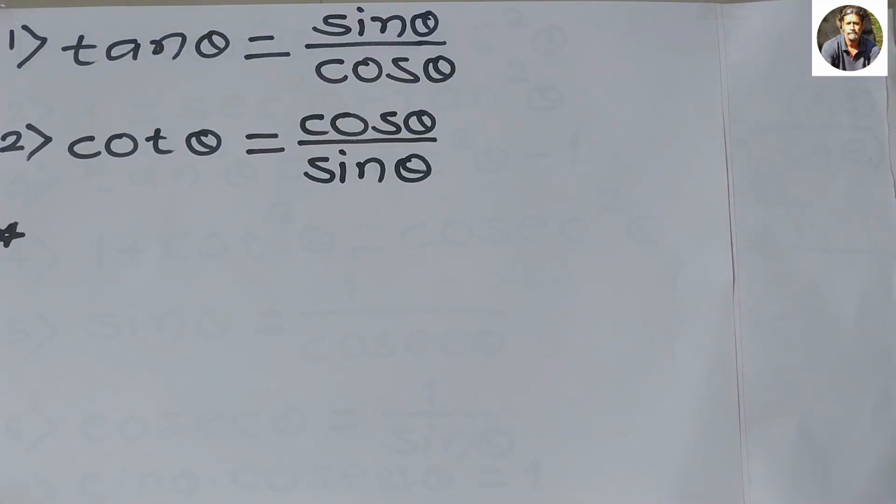Trigonometric ratios of compound angles are commonly used by students of 11th and 12th as well as students of the foundation course, 9th and 10th. Look here, trigonometric ratios of compound angles.